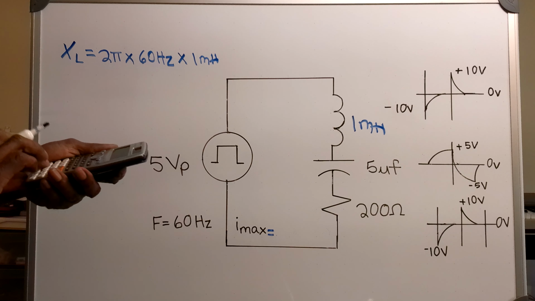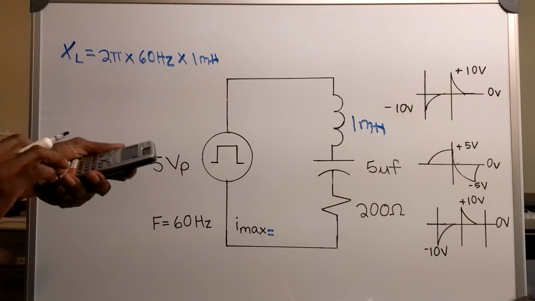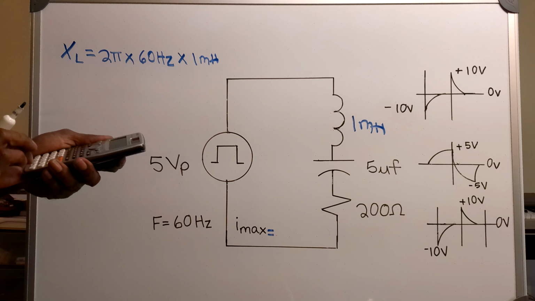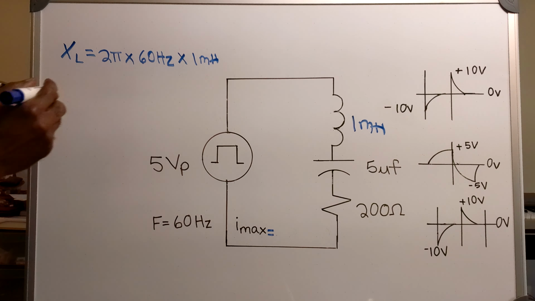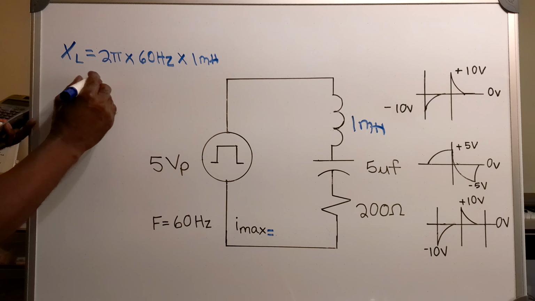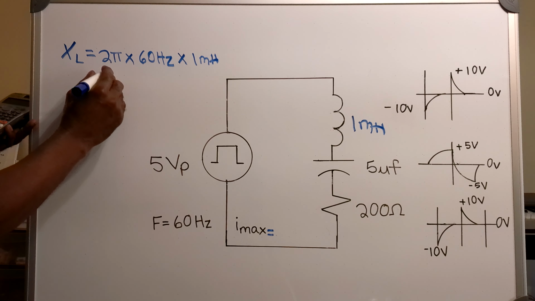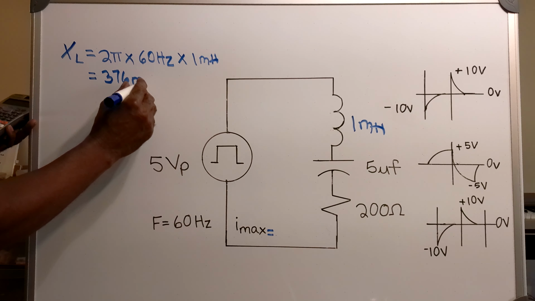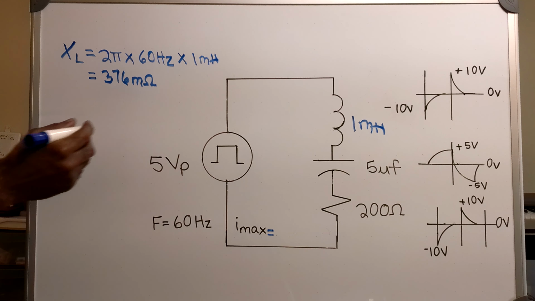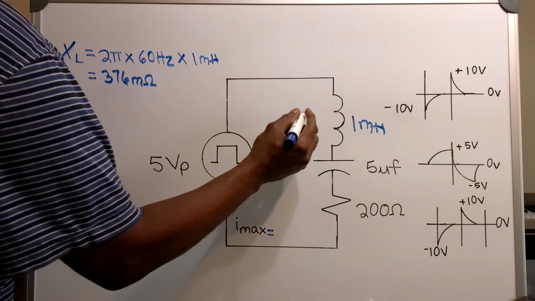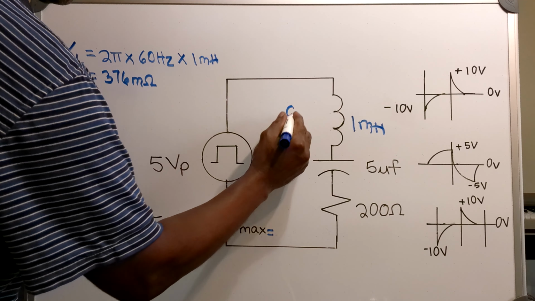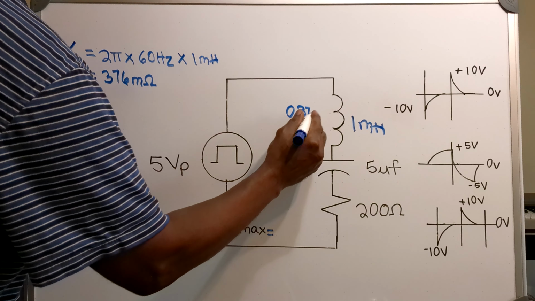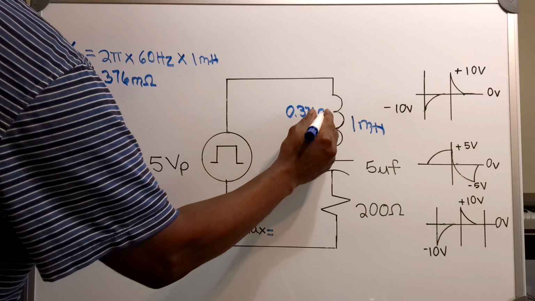So I've got 2 pi times 60 hertz times 1 millihenry, and that gives me 376 milliohms, or 0.376 ohms.